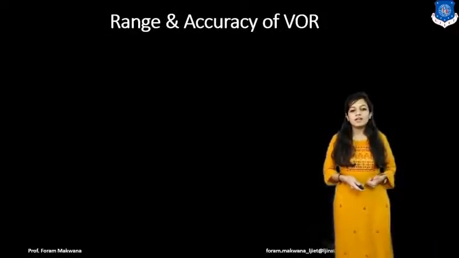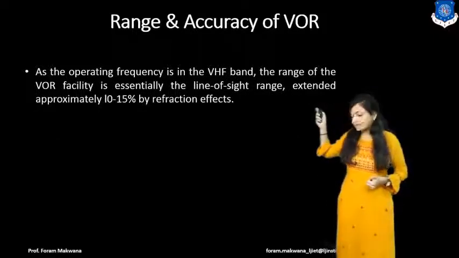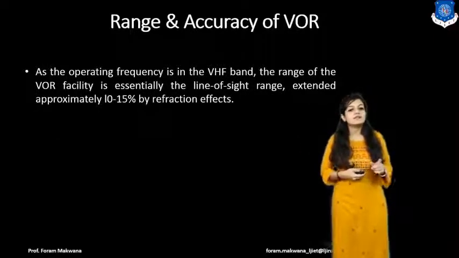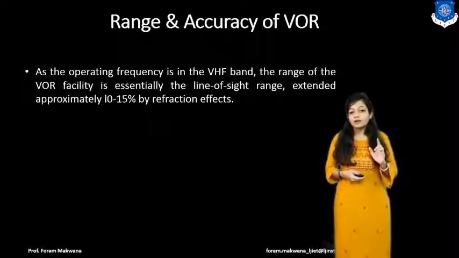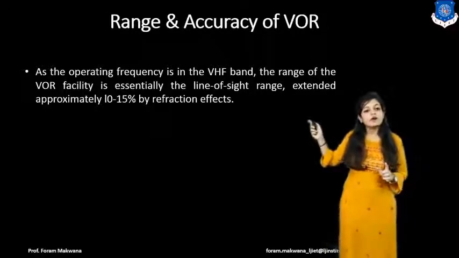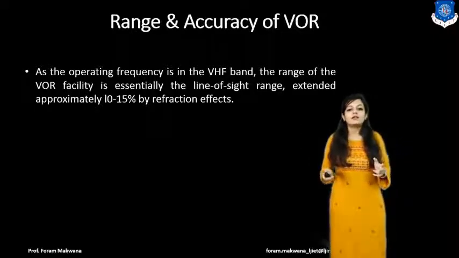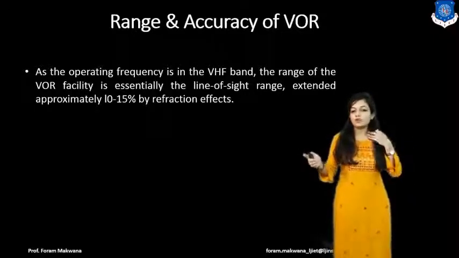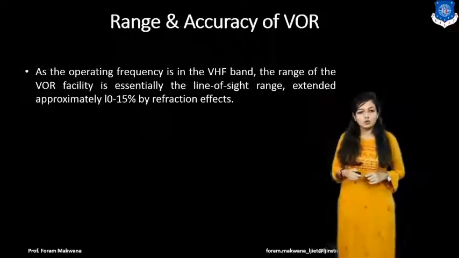So what is the range and the accuracy of VOR? As its operating frequency is in the VHF band, that means in megahertz, as we have seen, the range of this VOR facility is essentially limited to line of sight propagation. If you want to find out the line of sight range, we can use VOR.